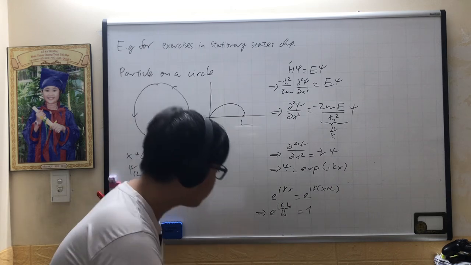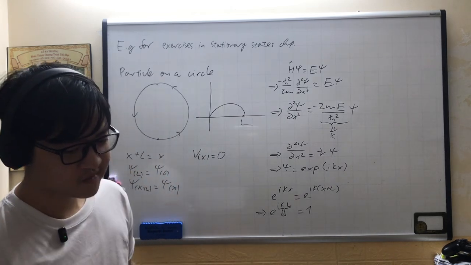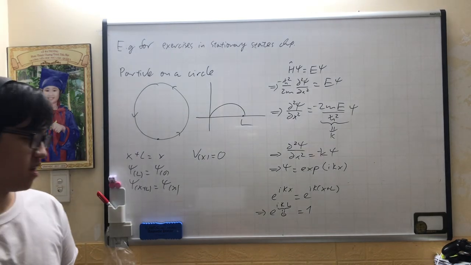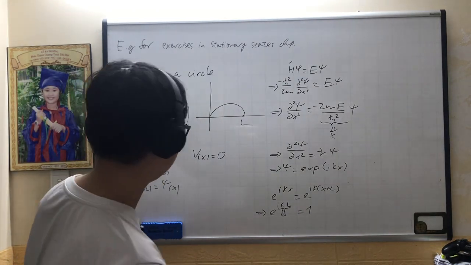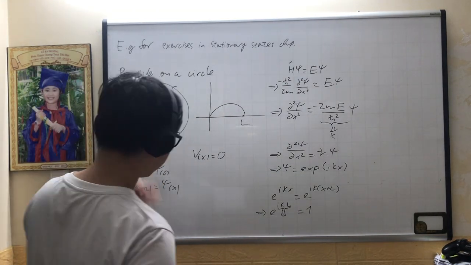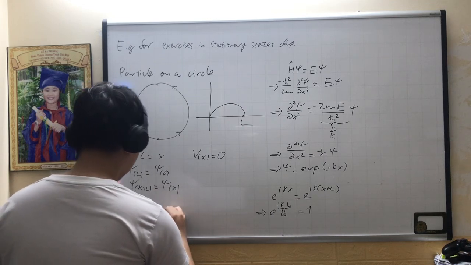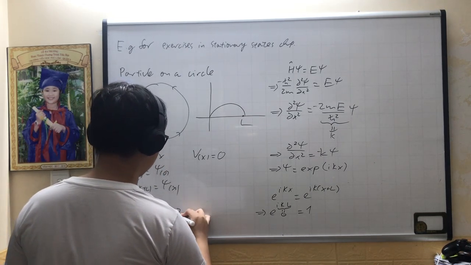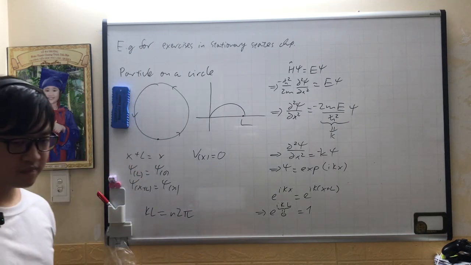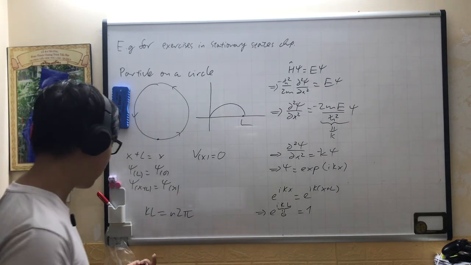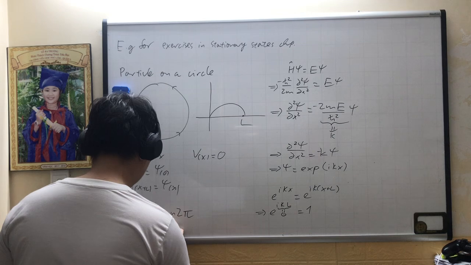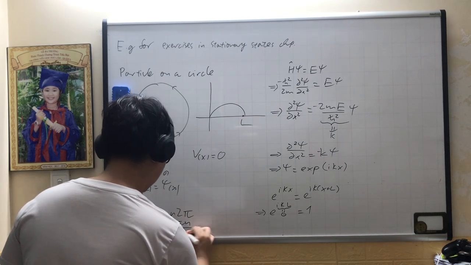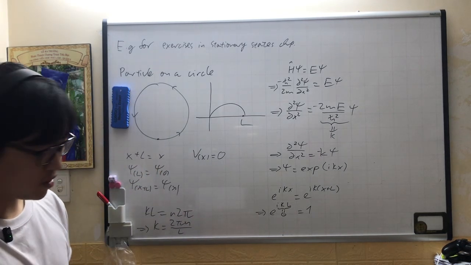And what would give you 0 from this? Well, the kL here would have to equal a multiple of 2 pi. That is just some textbook stuff, so I won't be going back to that now. From here, you get that your k is equal to 2 pi n over L. And we got our k.